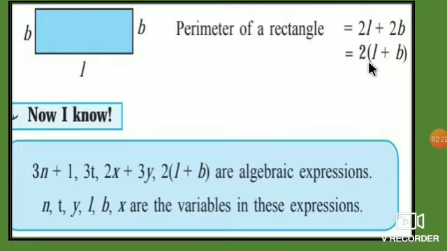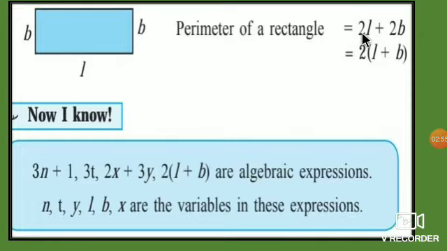And the numbers which are in multiplication with the variable are called the coefficient. Means 2L means 2 multiplied by L. All of you knew that 2L means 2 multiplied by L. So whenever multiplication is the only operation between the coefficient and the variable, this 2L is called a term.